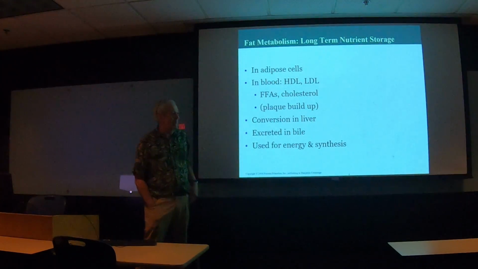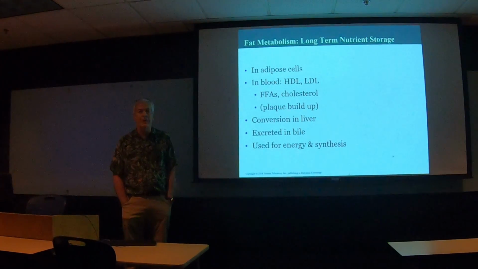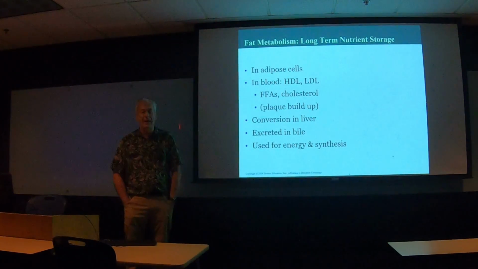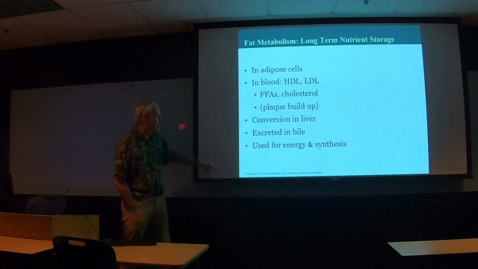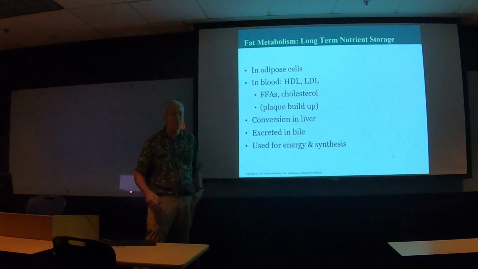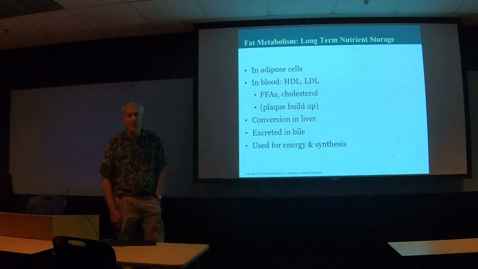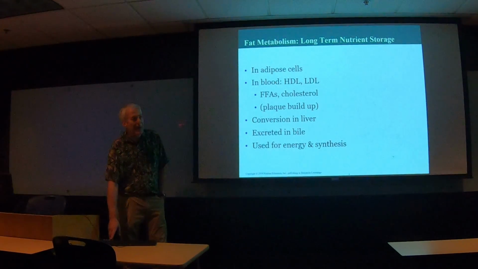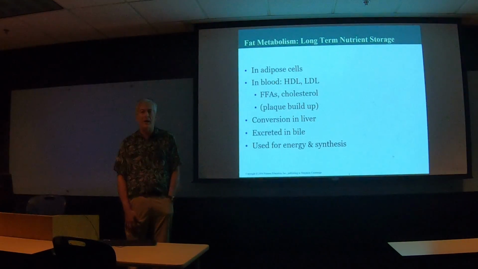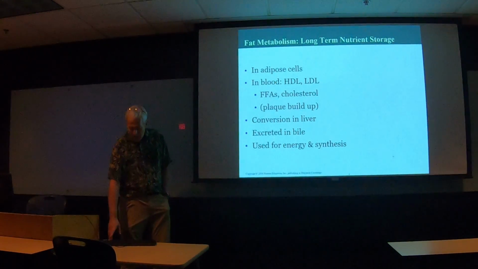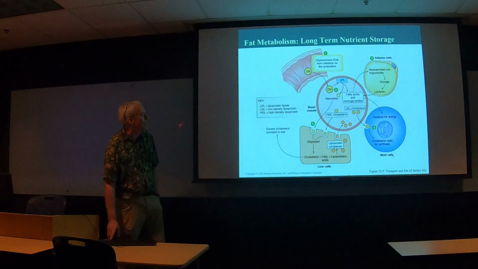You have cholesterol being excreted within the bile, and it's also packaged in the VLDL. And you have triglycerides, which is the main storage form of energy in the body. So typically, the most healthy depot of the triglycerides is going to be found in the subcutaneous fat compartment.